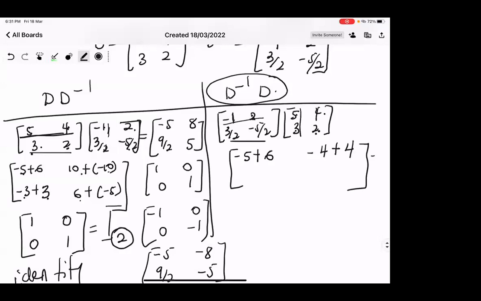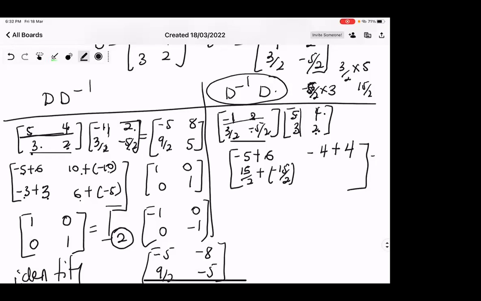We have 3 over 2 going on to 5. So here will be 15 over 2 plus -5 over 2 going on to 3. So we have -5 over 2 going on to 3, which is -15 over 2.